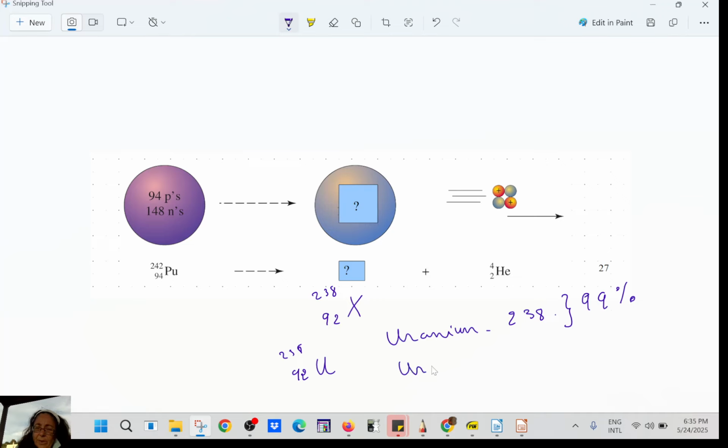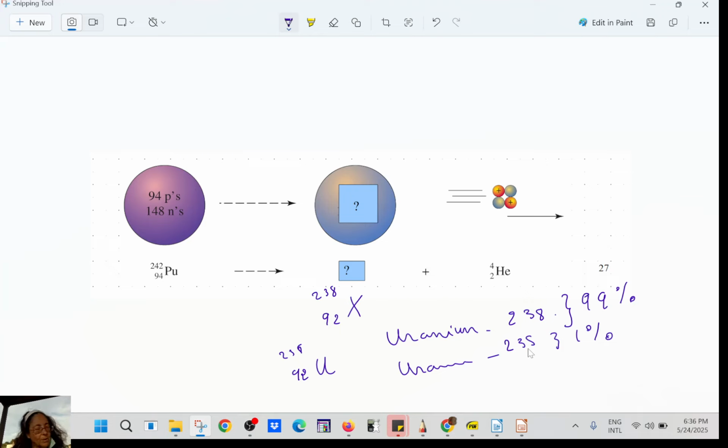Now you have uranium-235, which is less than 1%, right? And that's what you need if you want to make a nuclear power plant. You need to enrich uranium-238 to get uranium-235. If someone wants to make an atomic bomb, which is not a good idea, you still need to enrich uranium to get enough uranium-235.